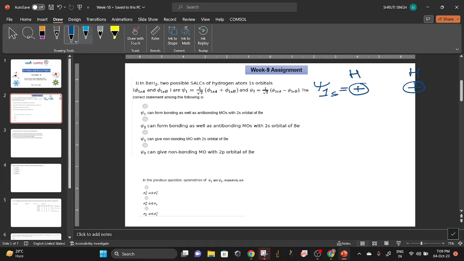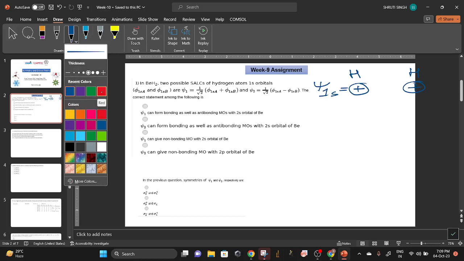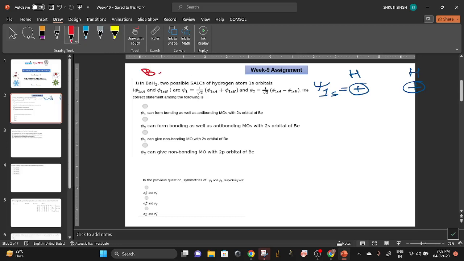For beryllium, the bonding orbital will be 2s, which has the symmetry of this. So beryllium 2s can be plus or it can be minus.